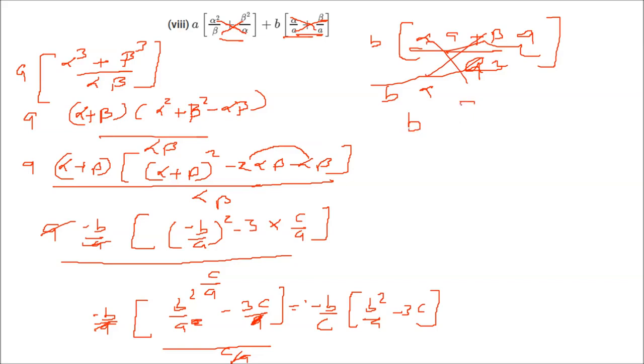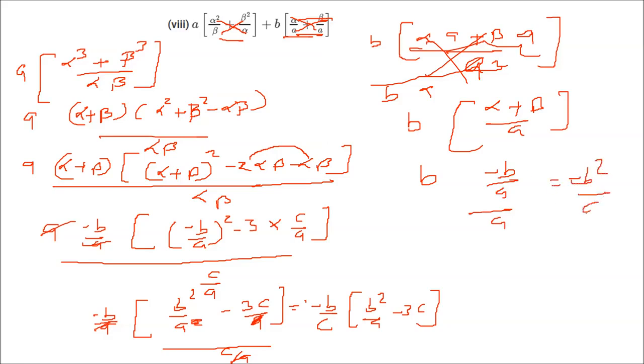This is simply b, alpha plus beta by a. So b into alpha plus beta is minus b by a. Then you have a here. So when it goes up, it will be minus b square by a square. You just add this minus b square by a square, and you rearrange this. This will be the solution.